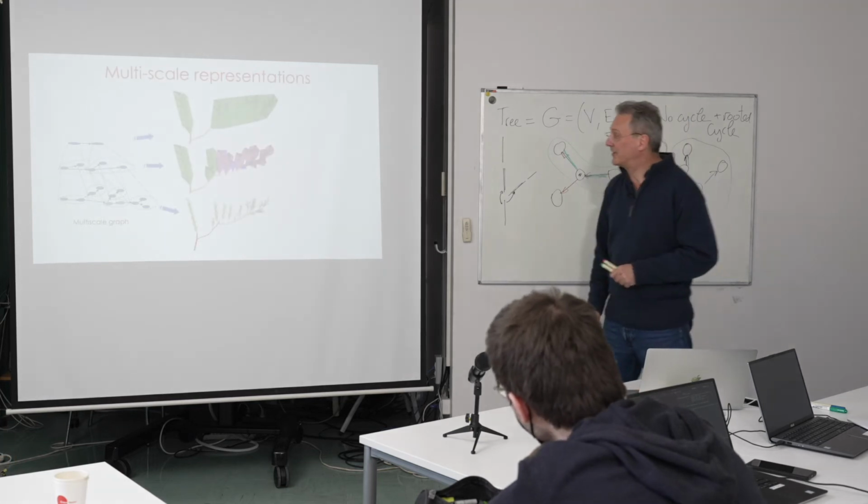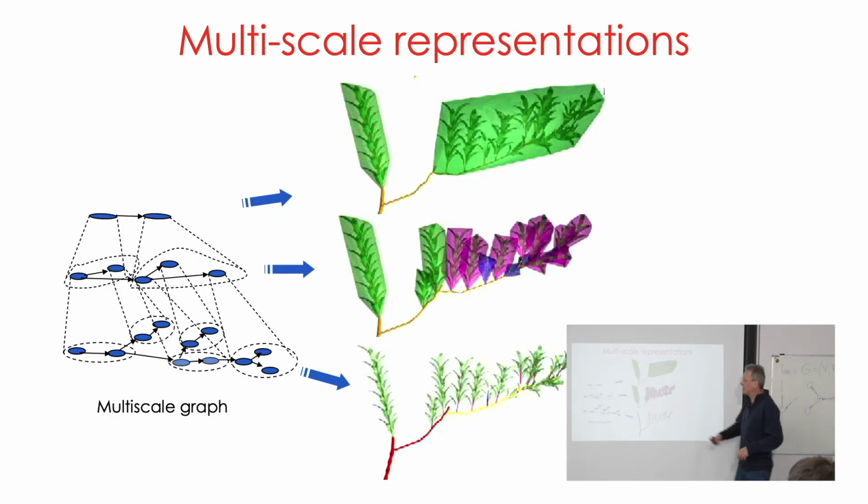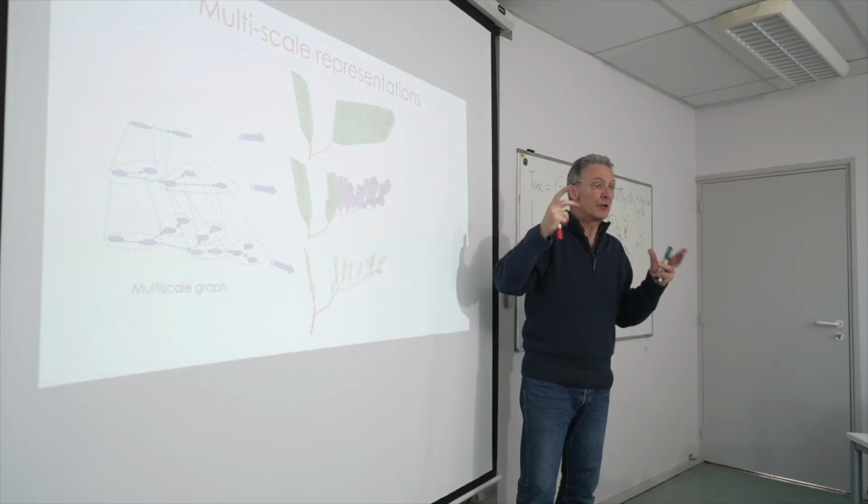So this can be used at different scales. Using this MTG formalism, you would attach different geometries to the different nodes, but also at the different scales, which makes it possible to represent the plant both at a single scale, but also at multiple scales, and in a way that the geometries at the different scales are consistent.